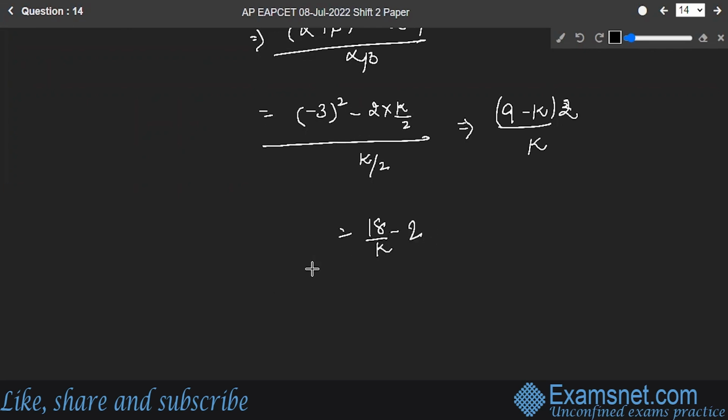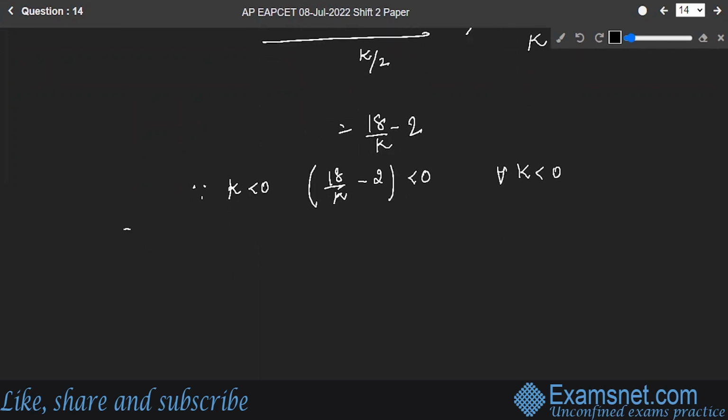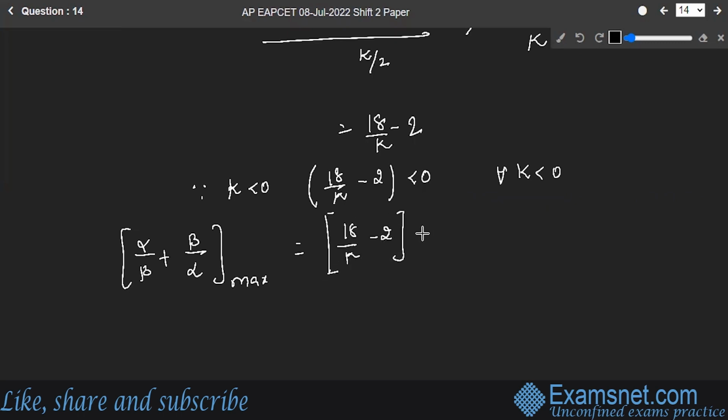Because you are given that k is a negative number, because k is less than 0, so 18 upon k minus 2, of course, it's a negative number, right? For all k belonging to the negative numbers. Therefore, for the alpha upon beta plus beta upon alpha to have the maximum value, right? You may have this 18 upon k minus 2.